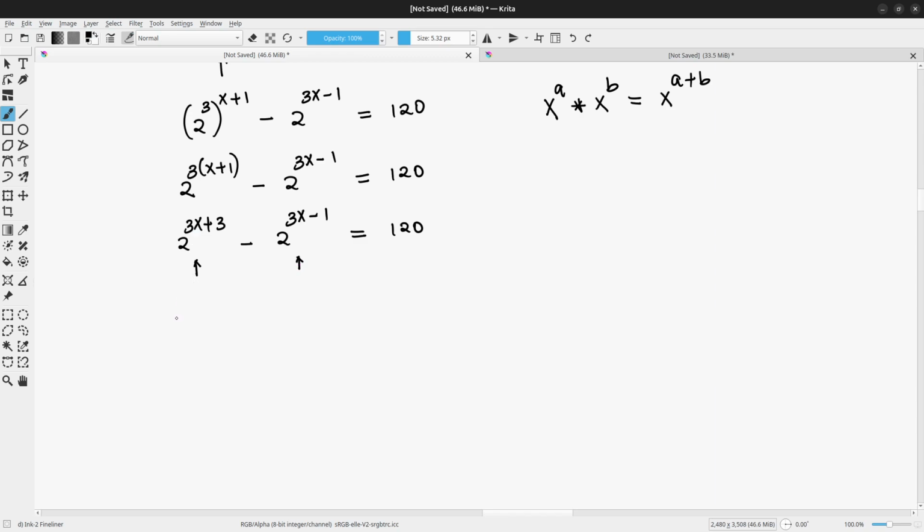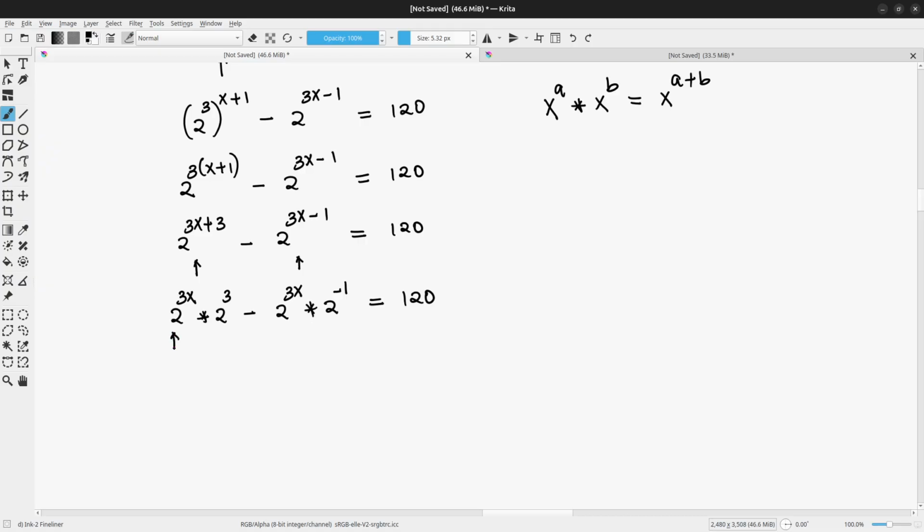So for the first term, we are going to have 2 to the power of 3x times 2 to the power of 3. Now when this term is collapsed, it goes back to the previous one we had, and then minus 2 to the power of 3x times 2 to the power of negative 1. This is equal to 120. So we've basically just rewritten the equation.